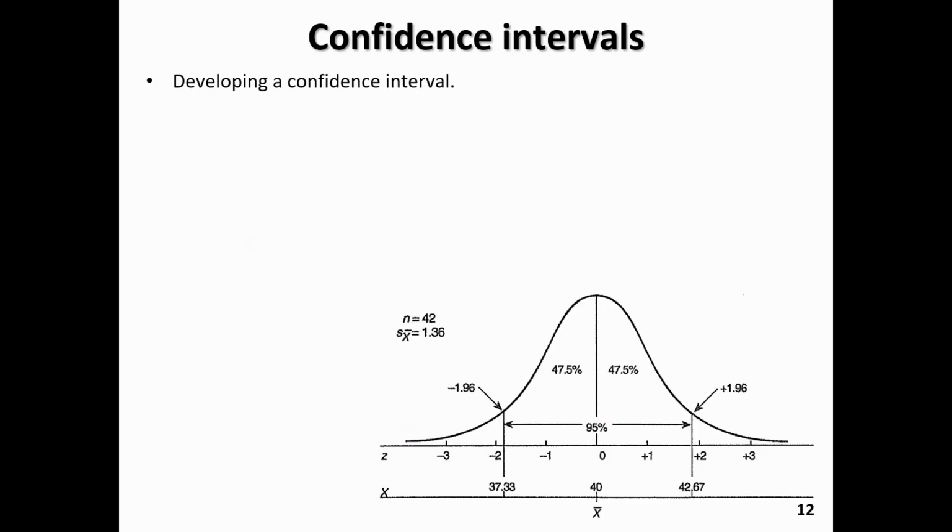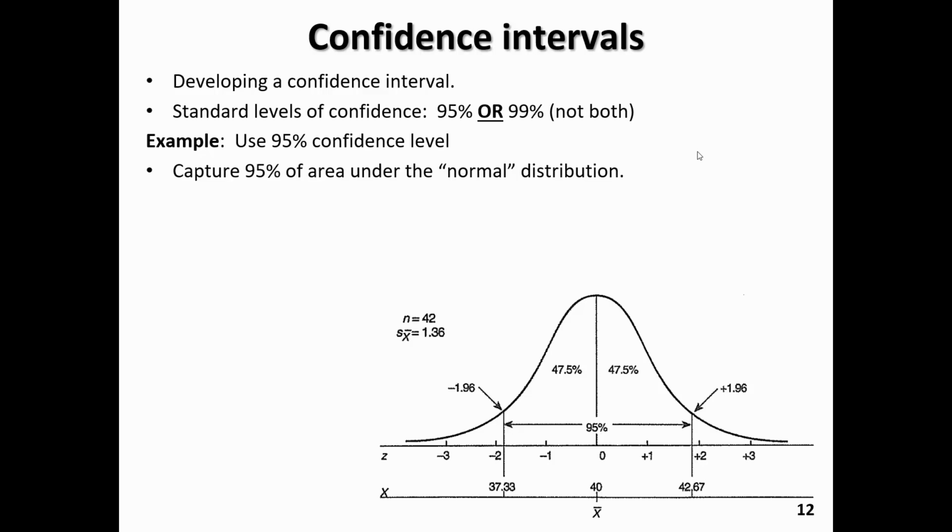That quotient is the standard error of the mean, and it carries the exact same units as the standard deviation. So in developing a confidence interval, what we need to decide upon is that level of confidence. Typically we go with 95% or 99% level of confidence, not both. But usually, most of the time, we settle on 95%. In using the 95% confidence interval, we're using limits, an interval that captures 95% of the area under the normal distribution.